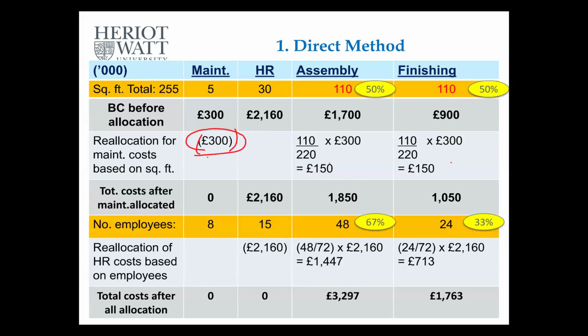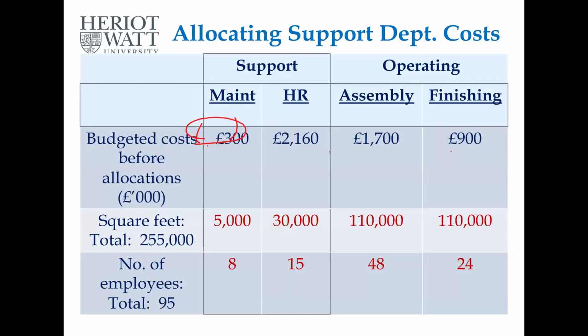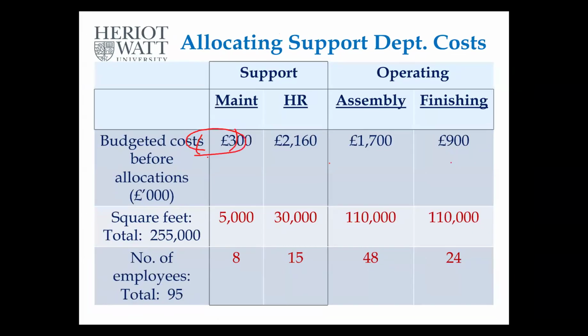Now, what is the basis of apportionment for assembly and finishing? We are allocating maintenance, so we will use square feet for both of them. Since we are just allocating to these two, you will ignore the others as if they are not there. You just consider these two. So add these two and do the ratios.